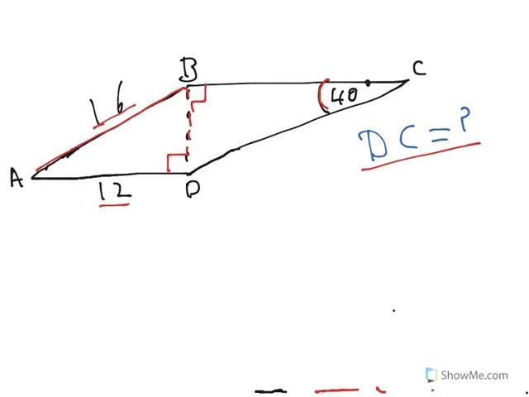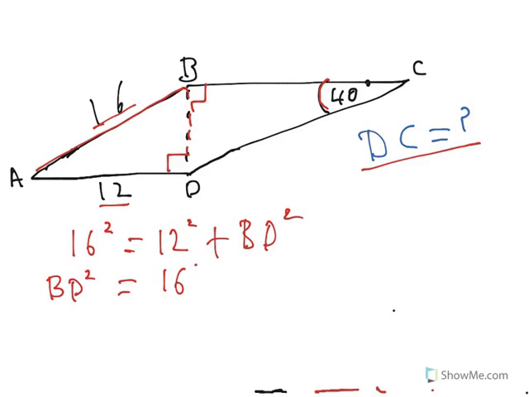So we can confidently say that 16 squared is equal to 12 squared plus BD squared, just using Pythagoras' theorem. If we can restructure that equation in terms of BD, we can say that BD squared is equal to 16 squared minus 12 squared.